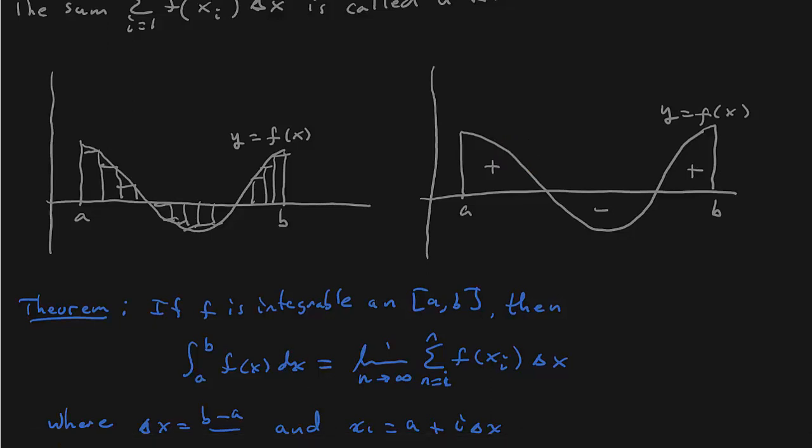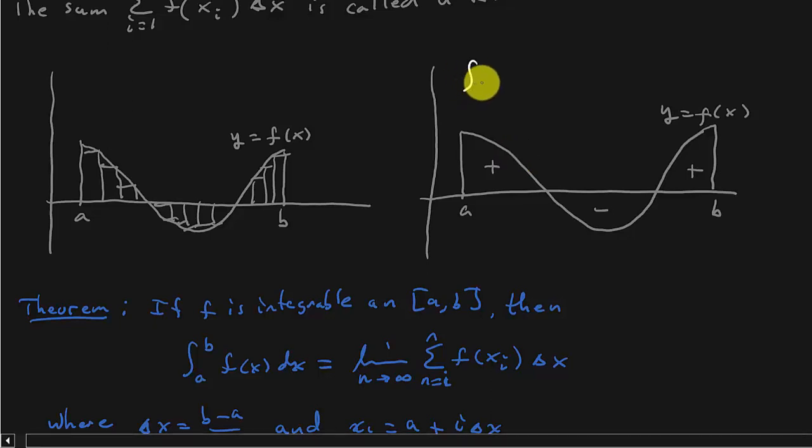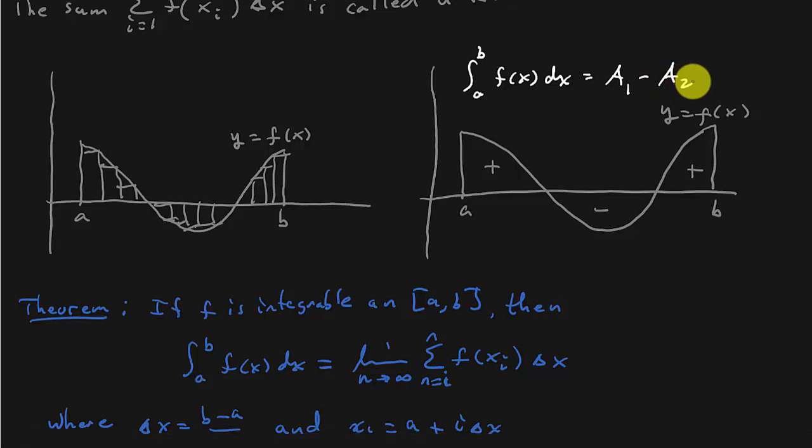What they're talking about here is the integral a to b of f of x dx equals, say, area 1 minus area 2, where A1 is the area of the region above the x-axis and below the graph of f, and A2 is the area of the region below the x-axis and above the graph of f.